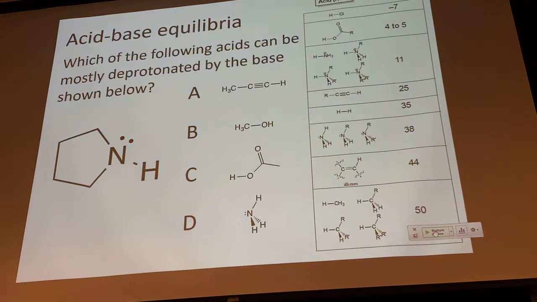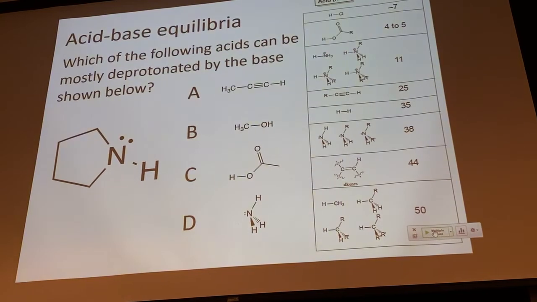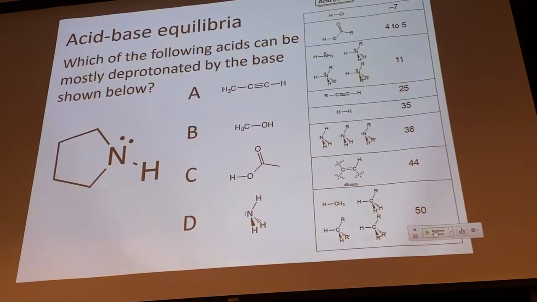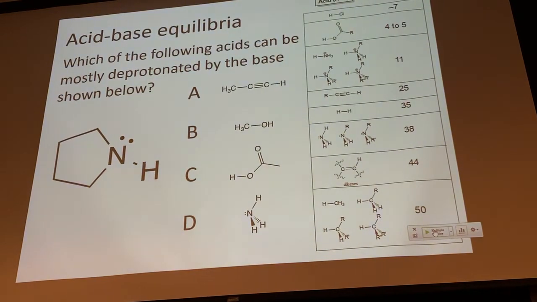Okay? All right. So now we need to discuss structural factors that determine the strength of acids. We can look in a pKa table and compare acid strengths, but that doesn't tell us why one acid is stronger than another.